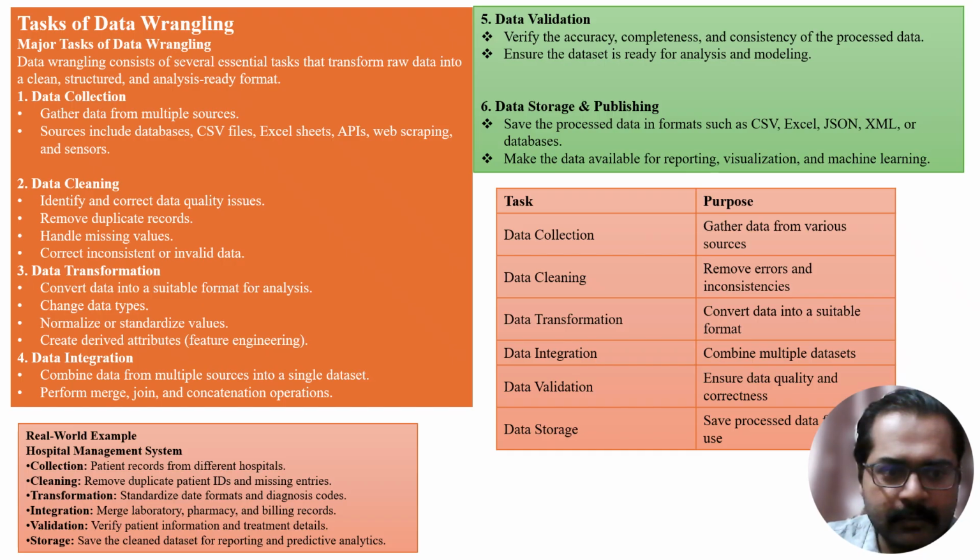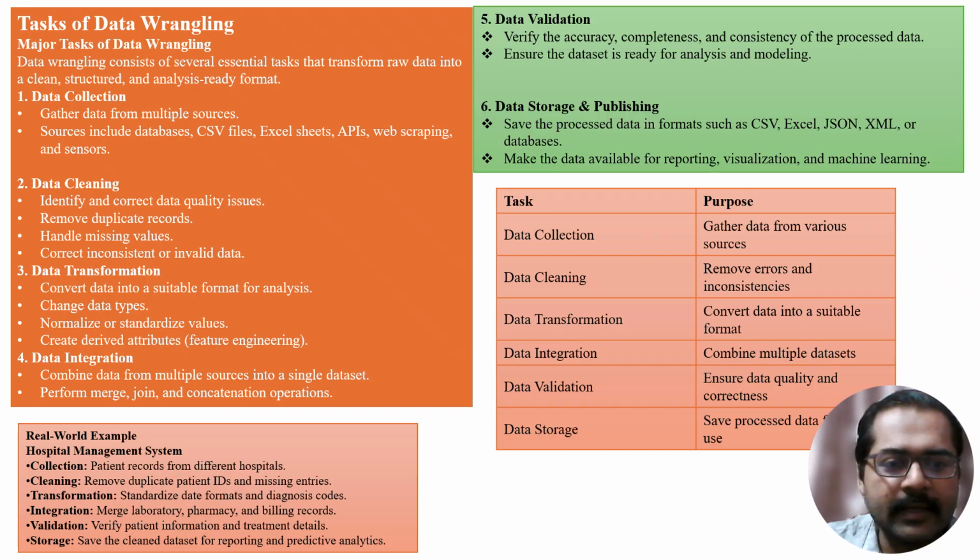Integration. Let's see another example: a hospital management system. Patient records from different hospitals you need to collect. Next, clean: remove duplicate patient IDs and missing entries. Standardize the date formats and diagnosis codes. Integration: merge laboratory, pharmacy, and billing records. Then verify patient information and treatment details.